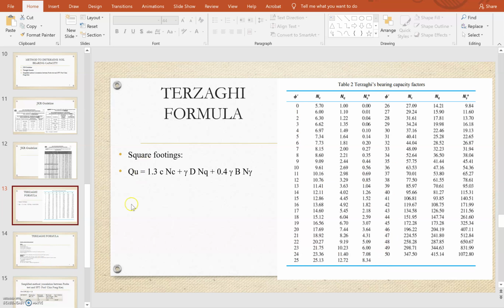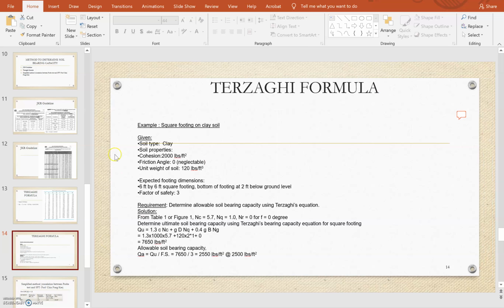Okay, next one. Here I give you an example of a square footing on clay soil. For clay soil, the properties here are the cohesion or C value, the friction angle, and the unit weight of soil, and the FOS is 3. Then this is the calculation.